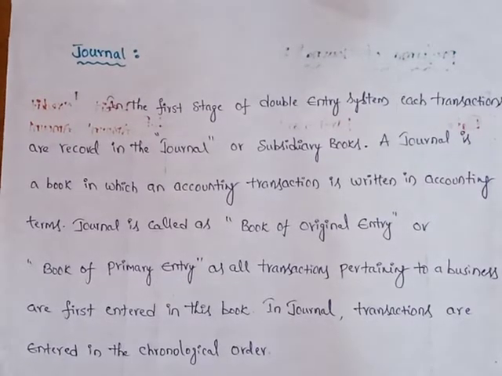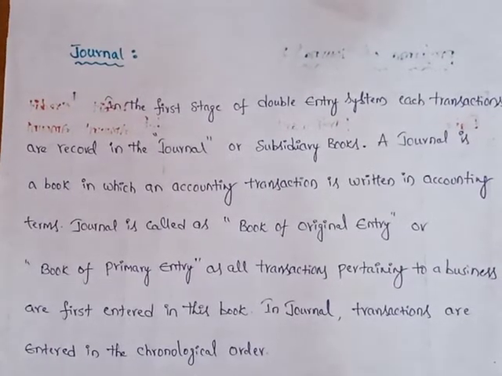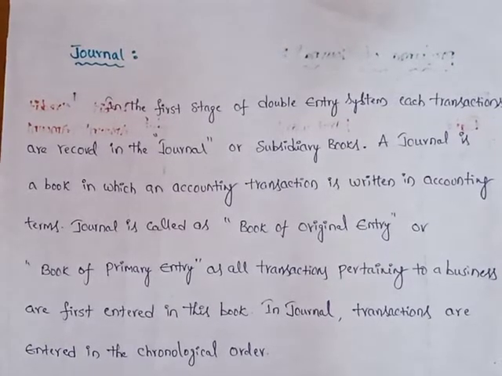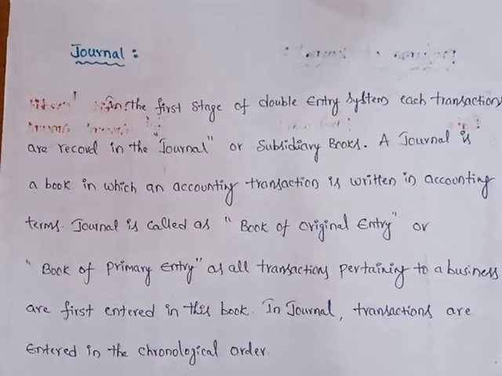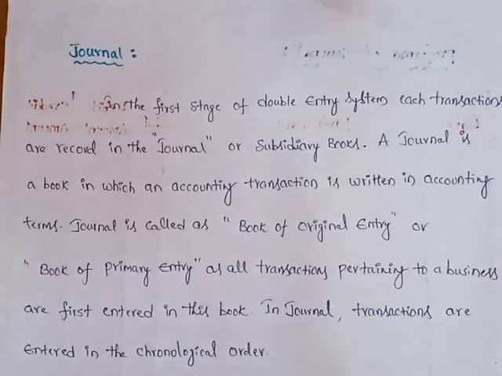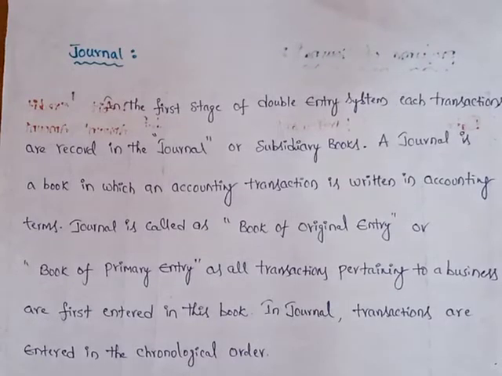Journal is called as book of original entry or book of primary entry, as all transactions pertaining to a business are first entered in this book. In journal, transactions are entered in the chronological order. That means in the sequence in which they happened.